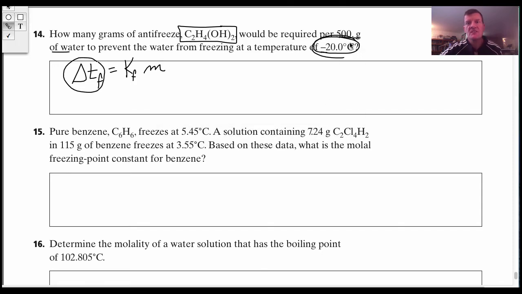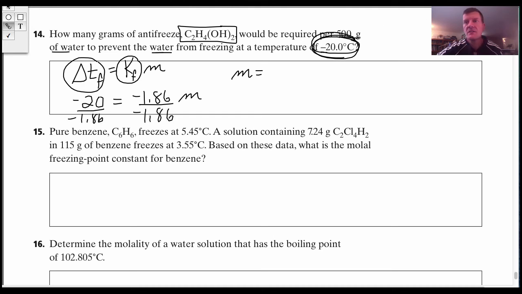We want it to drop 20 degrees, so this is actually 20, or I guess it'd be negative 20, right? This K sub F is a constant. This is for water. I believe it's negative 1.86. I could be wrong. We can look that up. And then this m here is our molality. So all you're going to do is solve for your molality. Divide both sides by negative 1.86.